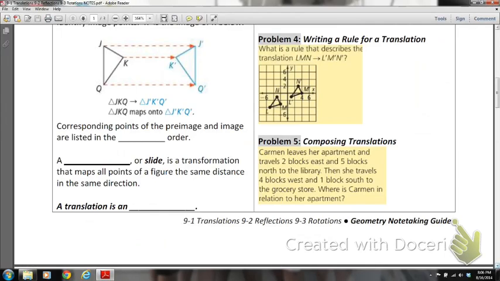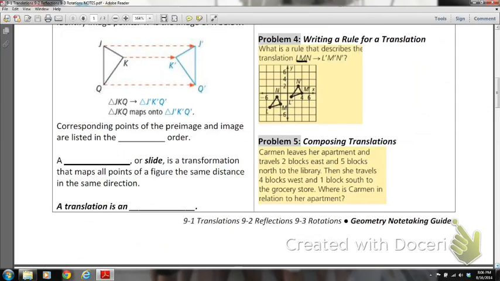In problem number 4, we're going to be writing a rule for a translation. So it's kind of the reverse from what we just did. We have the two figures. The one on the left is the pre-image, your original, because it does not have the prime notation on it. So we have LMN is the original.